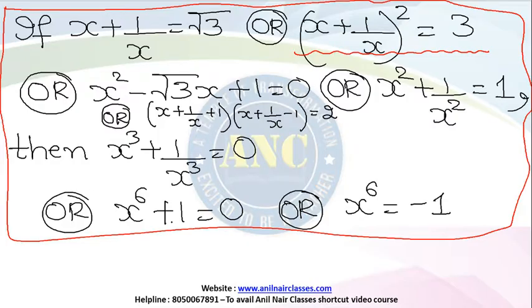Like that you can simplify the given if condition into many formats, and you can simplify the then condition also into many formats. I have written all the possible formats into one single screen, and this is what you are looking at right now. I hope this particular box is very clear for everyone.